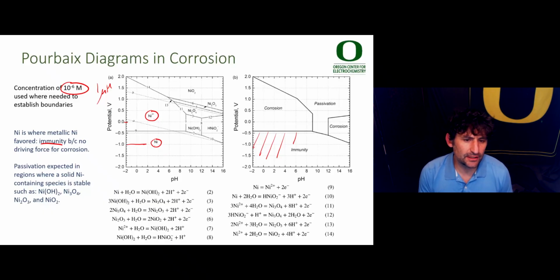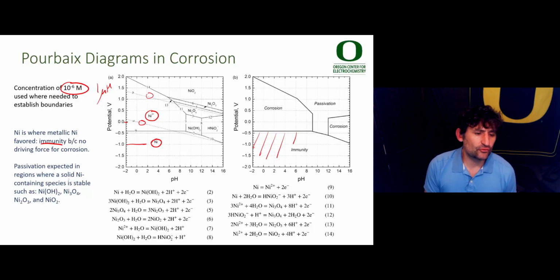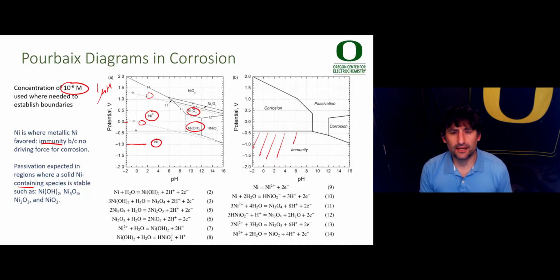Now the surface of the nickel, if you poise it at this very negative potential, can drive other reactions, for example, reduction of oxygen or reduction of protons to H2, but fundamentally, the corrosion reaction is prevented by the applied potential. Passivation of nickel is expected in regions where a solid nickel-containing species is stable. Examples are nickel hydroxide, nickel oxide.